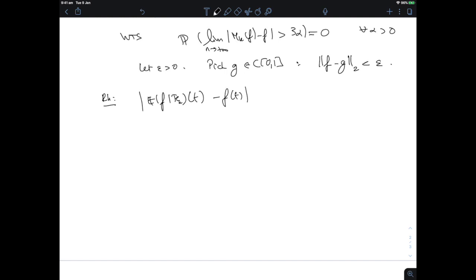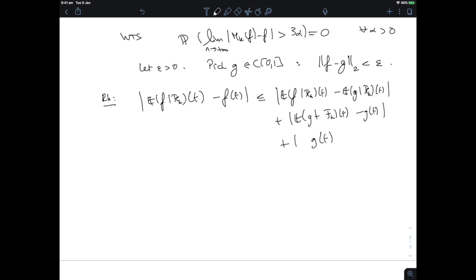And I can cut that in 3 in the following way. I can take the expectation of f given fk minus the expectation of g given fk, and then I can subtract expectation of g given fk minus g, and then I can take g minus t.